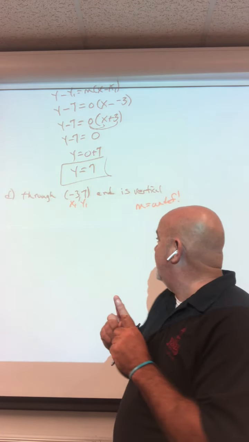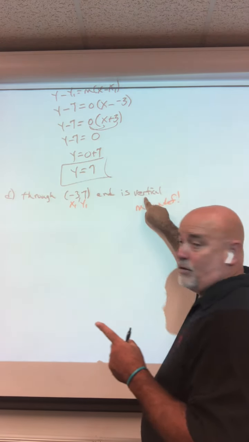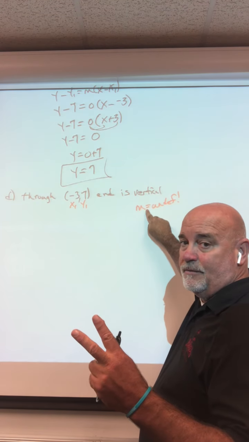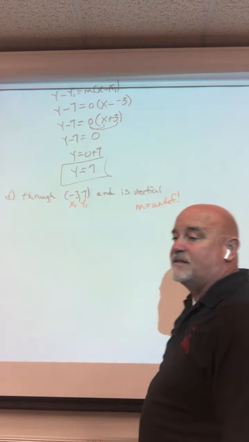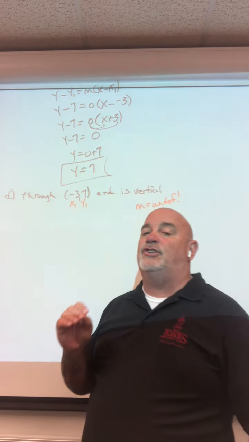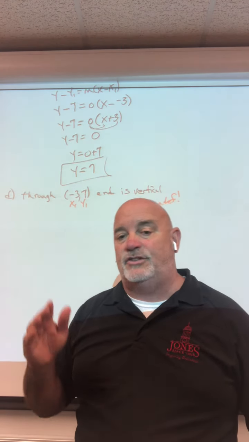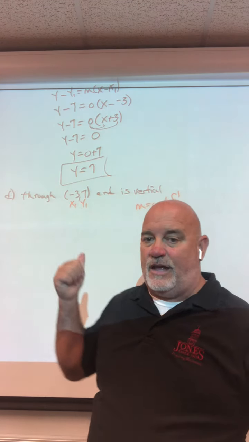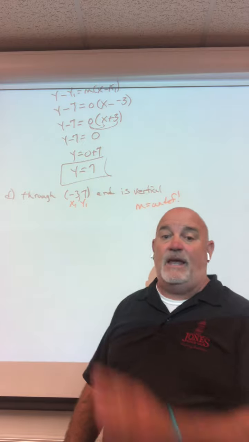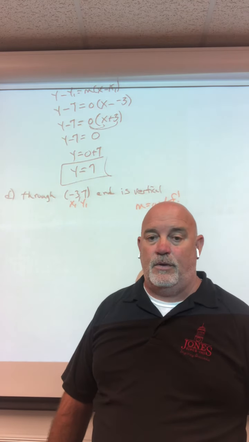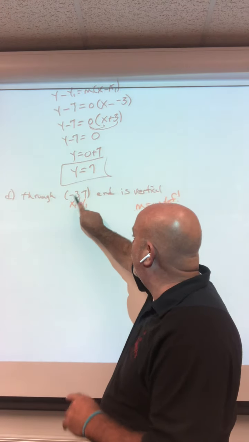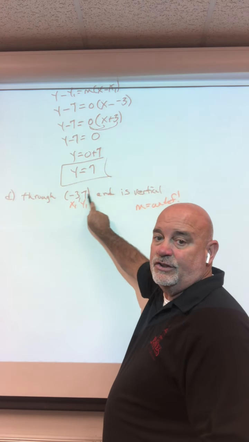All right, wait a minute. Let's see. We know the line is vertical. That means that the slope is undefined. If the slope is undefined, that means your equation will have just a what in it? Just an x. So the answer to this problem is just going to be x equals some number. And since your x equals has to go through your ordered pair, which one of these is your x?